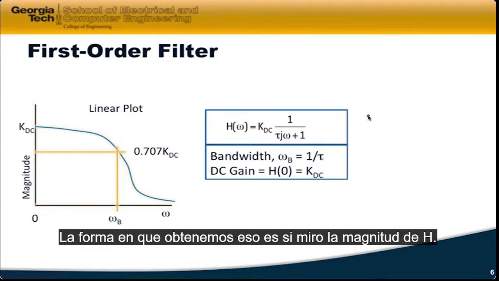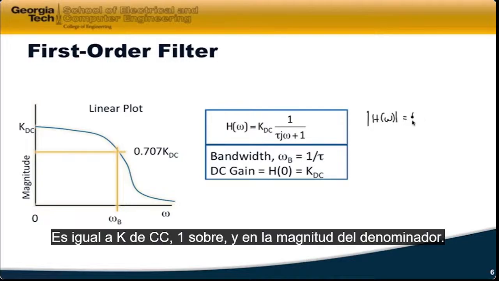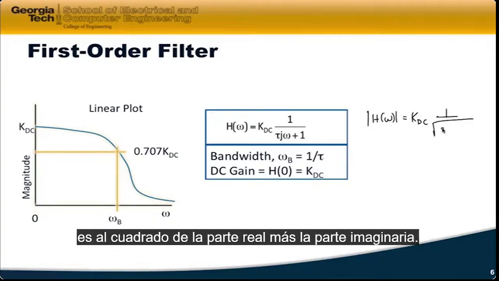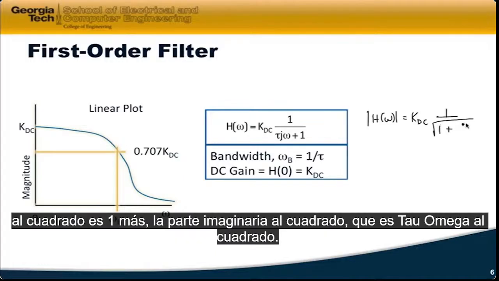The way we get that is if I look at the magnitude of H, it's equal to K sub DC times 1 over the magnitude of the denominator. Well, the magnitude of the denominator is the square root of the sum of the squares of the real part plus the imaginary part. So the real part is 1, squared is 1, plus the imaginary part squared, which is tau omega squared.